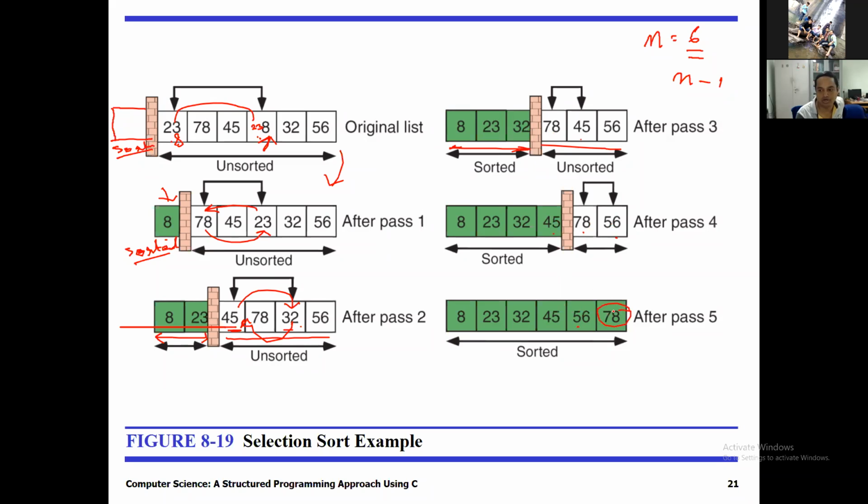You don't need to do anything because that is the largest element. So it becomes the sorted array. If you have 6 elements, you need 5 passes. If you have n elements, you need a maximum of n minus 1 passes.